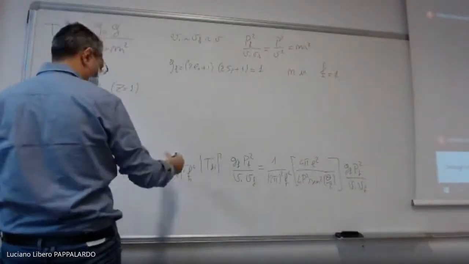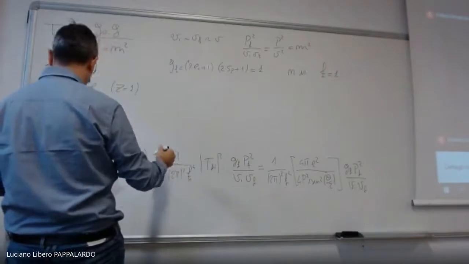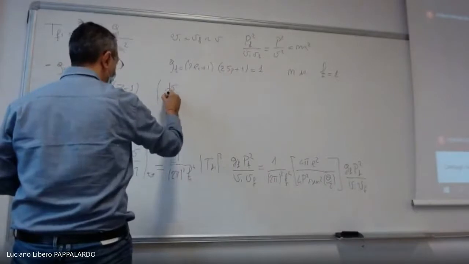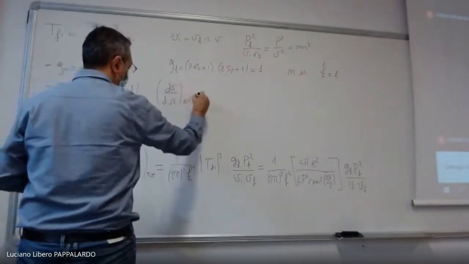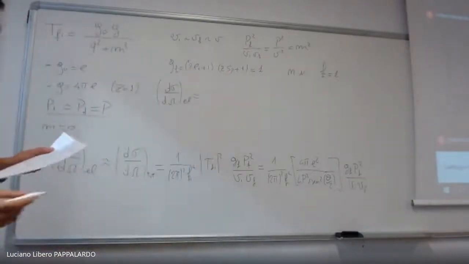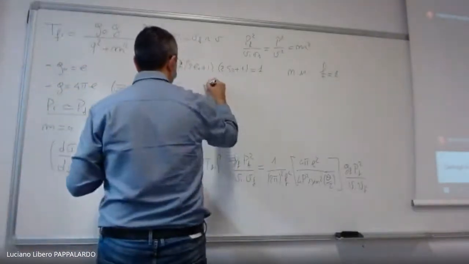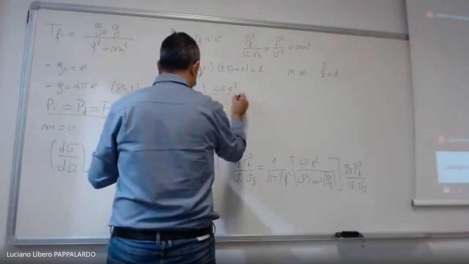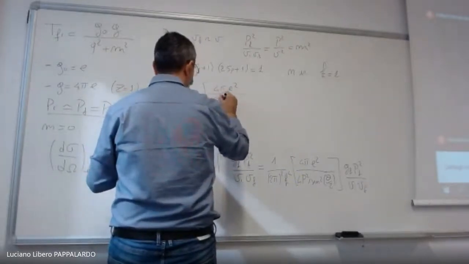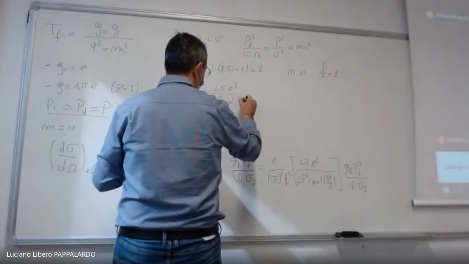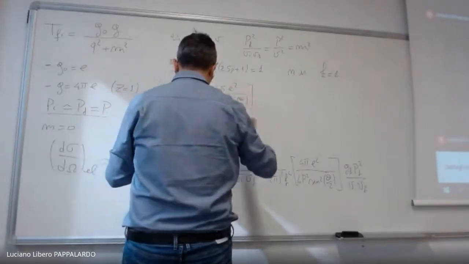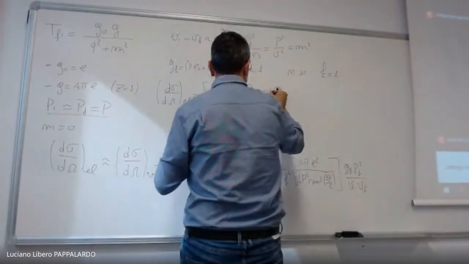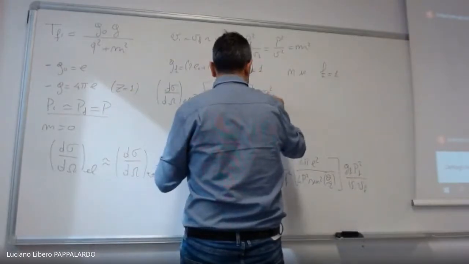So let me write again. Sigma is the elastic one. So what do we have here? We have our probability amplitude 4 pi e squared divided by 4 p squared sine squared of theta half. Then we have this term here that's reduced to m squared divided by 2 pi squared.